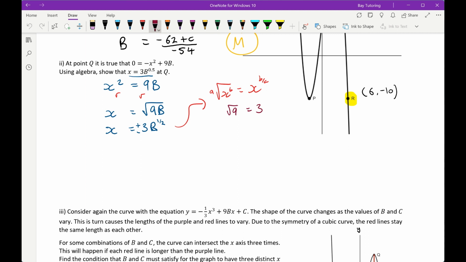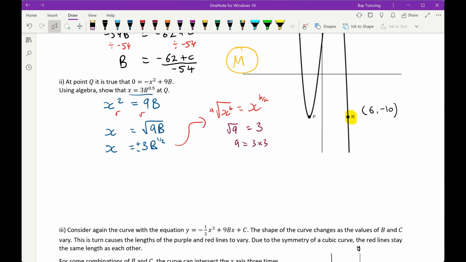But if you do negative 3 squared, so negative 3 times negative 3, you also get 9. So that is why we have to go plus or minus 3b to the power of 1/2. Mathematically, it could be the positive or the negative.